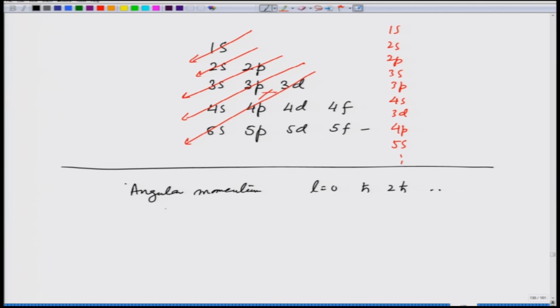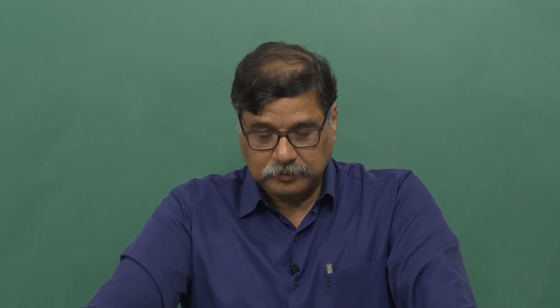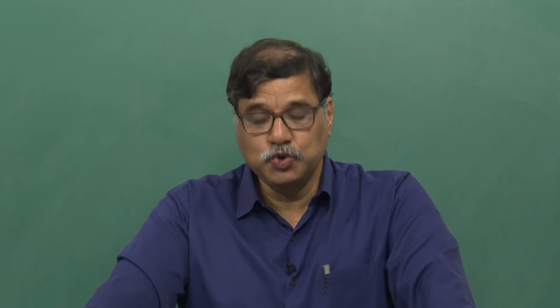And we have also learned that there is spin angular momentum, which is h cross by 2 and minus h cross by 2. And by the way, these two values of spin angular momentum are what gave rise to the split of the beam of silver atoms in Stern-Gerlach experiments into two.